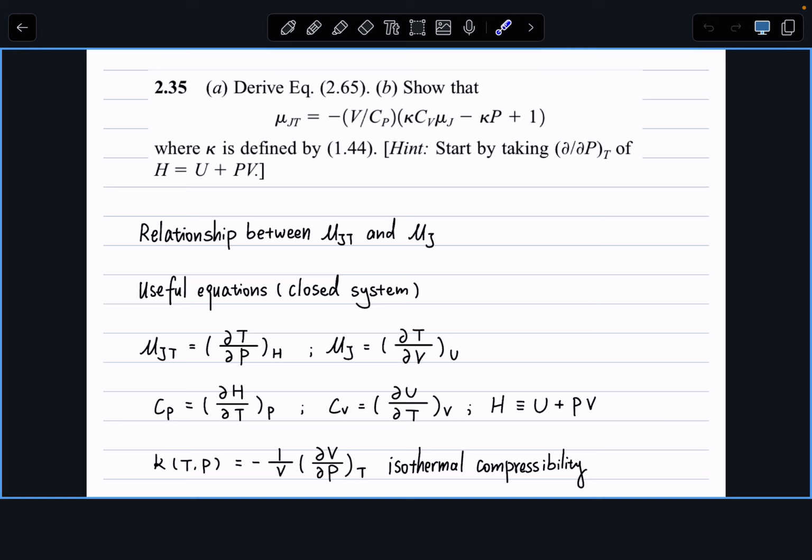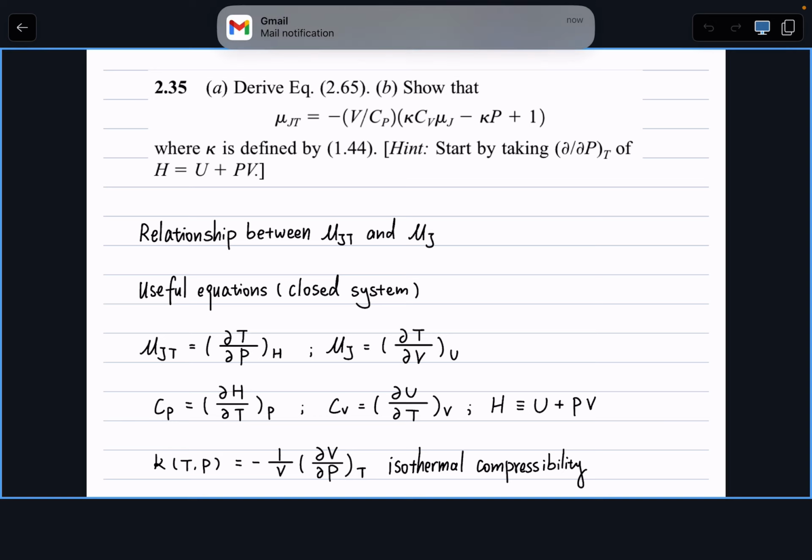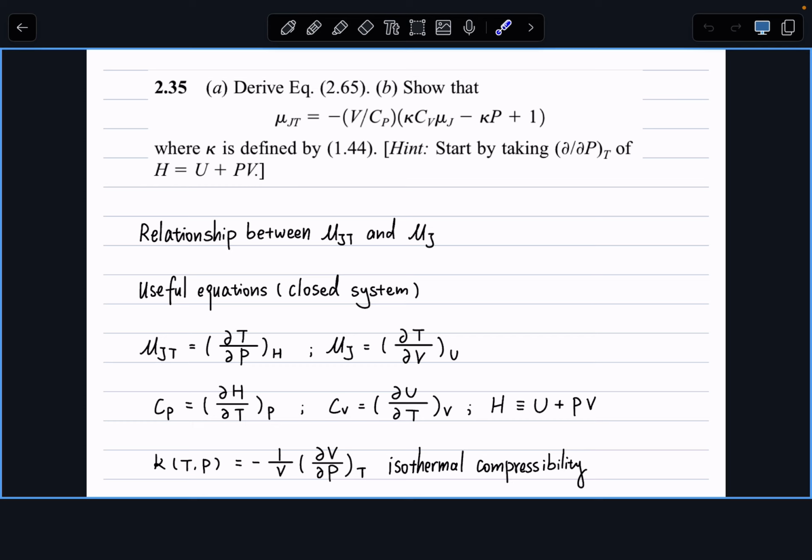So in here, on the left-hand side, this stays the same, dH over dP at constant T. And we can write out the definition of Cp, the isobaric heat capacity, dH over dT at constant P. How does your enthalpy change with respect to temperature at constant pressure? Times mu JT, that's our Joule-Thomson coefficient. We have the definition there: how temperature changes with respect to pressure at constant enthalpy.